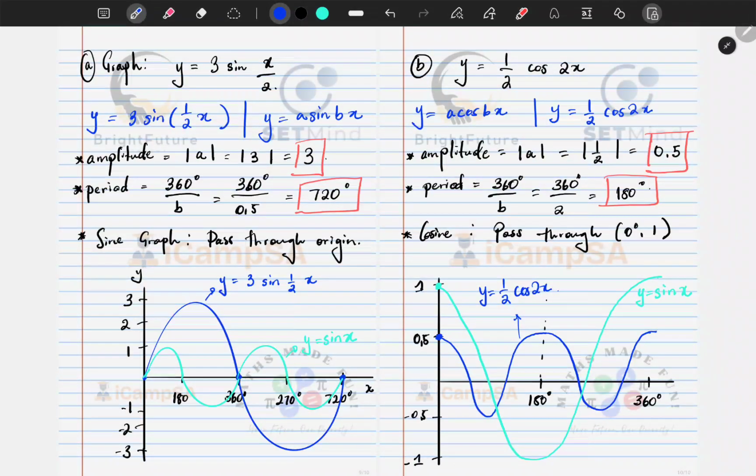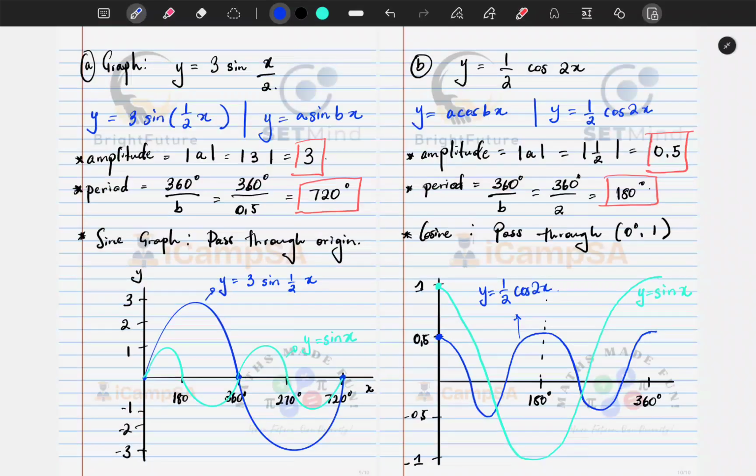So as you can see, what we have done here, we've halved the amplitude, and we have also halved the period, right? So this is how the changes affect the graphs.